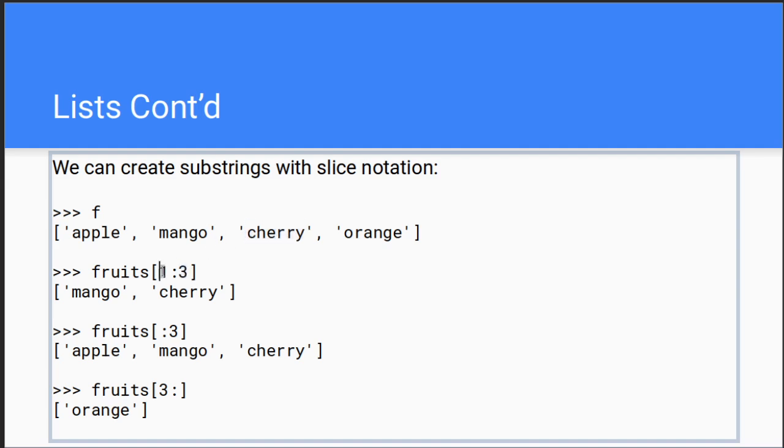So this is from 1 up until 3, not including 3. If we don't give it a starting index, it'll start at the beginning. If we don't give it an ending index, it'll start at 0, 1, 2, 3, and go to the end.